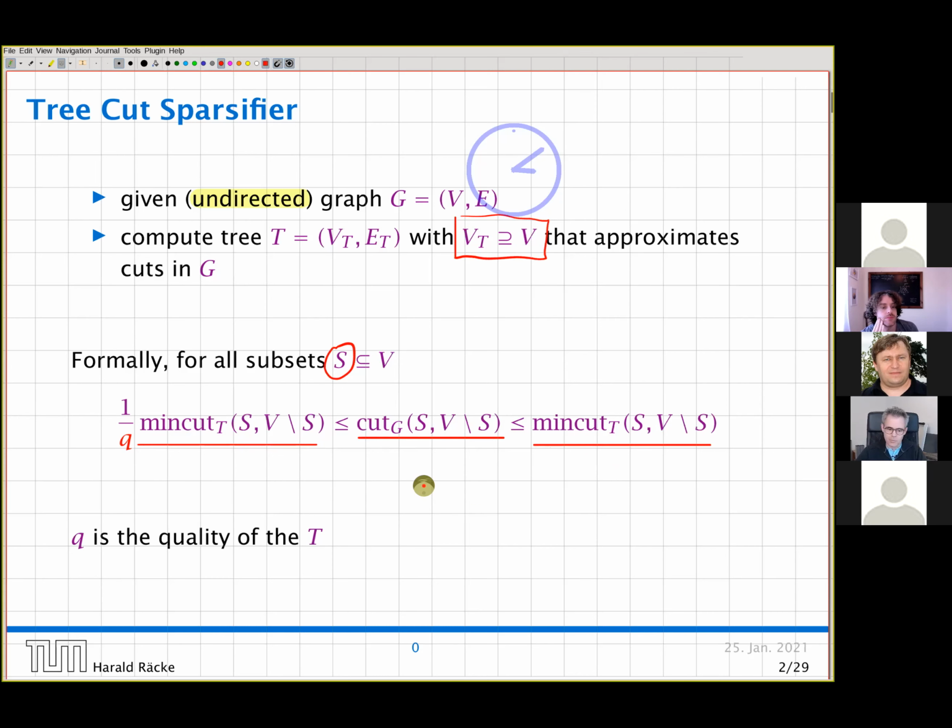So this gives this approximation, and the approximation factor is q, which is called the quality of this approximation.